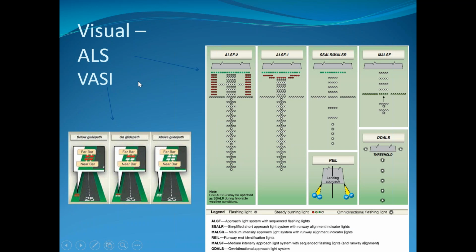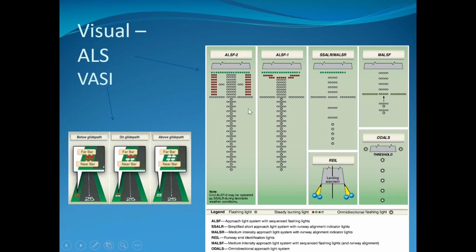Some ILS systems also require a certain type of approach lighting system for the airport to have in place in order to qualify as an ILS. These are different types of approach light systems that you can have at an airport, all of which are related to having an ILS approach.